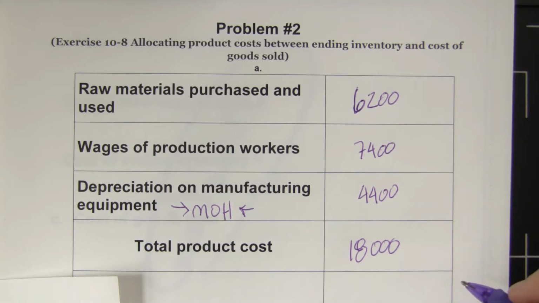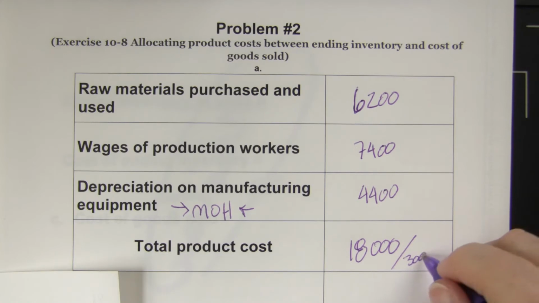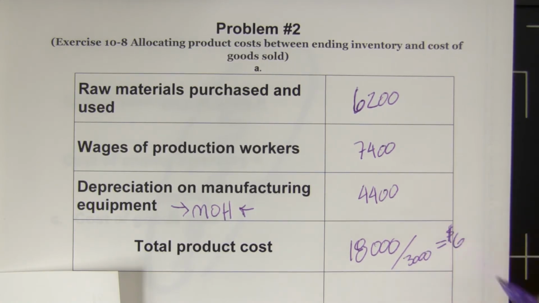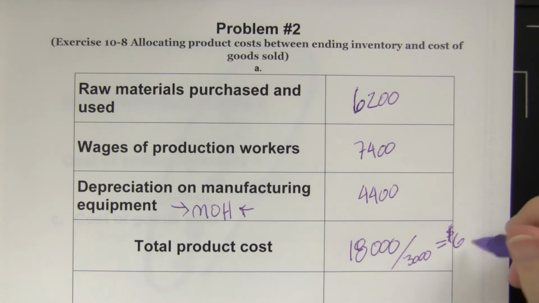At this point, I want you to say to yourself, self, we spent $18,000. We made 3,000 units. Each unit cost us about $6. And if you see that and that makes sense to you, you've got the essence of this problem. Because they tell us 2,400 units were sold.